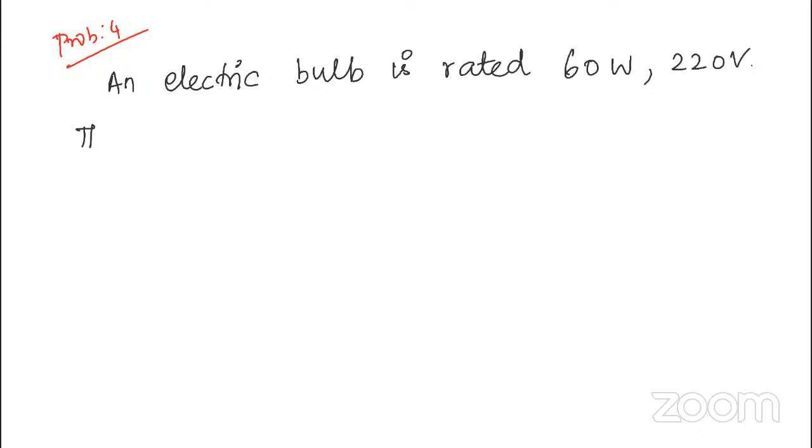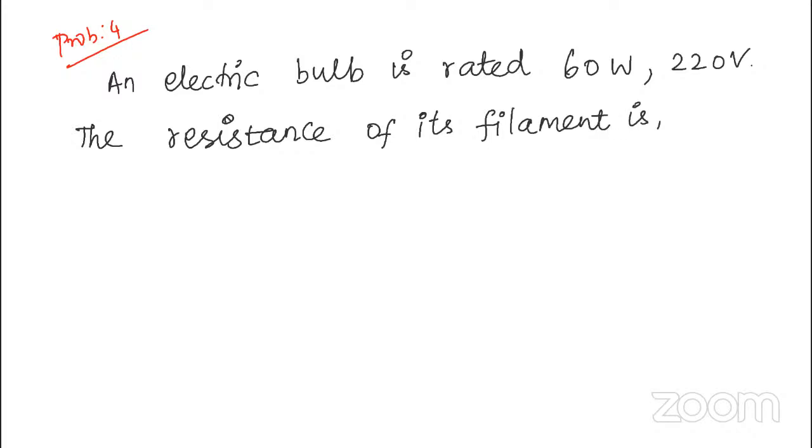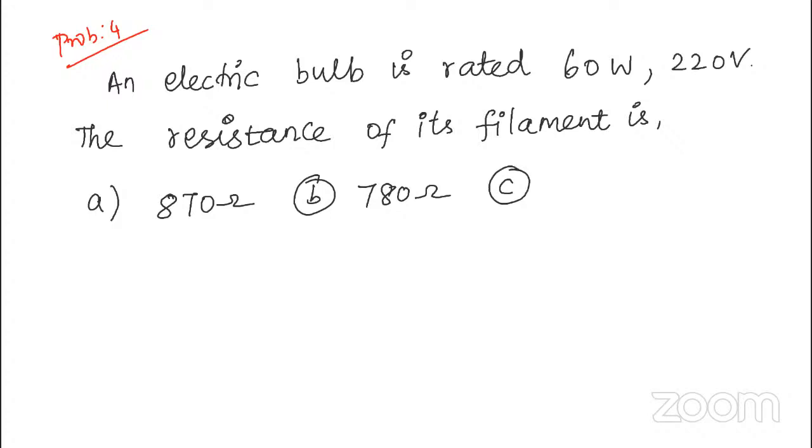Then the resistance of its filament is: A, it is 870 ohm; B, it is 780 ohms; C, it is 708 ohms; and D, it is 807 ohms.